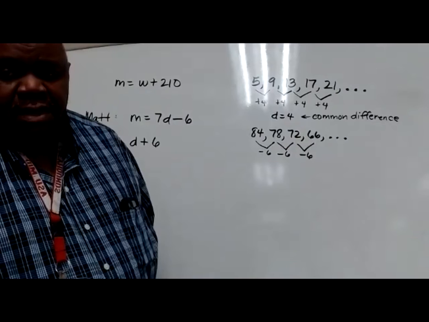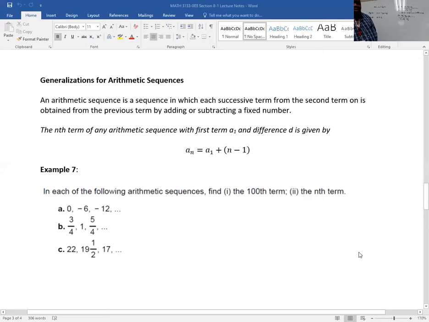Okay. And on the handout is the way that we find the nth term of any arithmetic sequence. Here you're given the first term, which is a sub 1, and the common difference will be D. So a sub n is equal to a sub 1 plus n minus 1, and that should be times D. So there should be a D after that n minus 1.